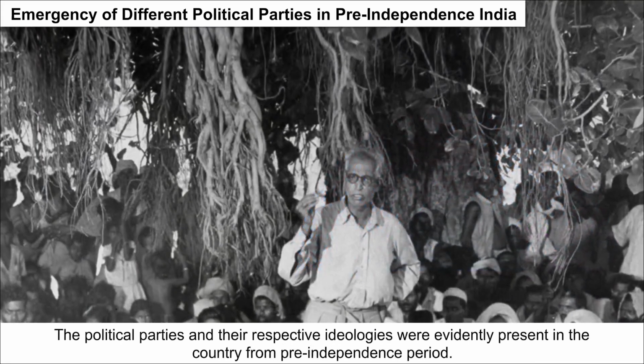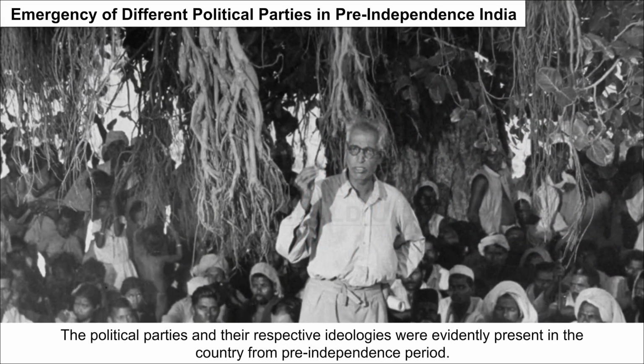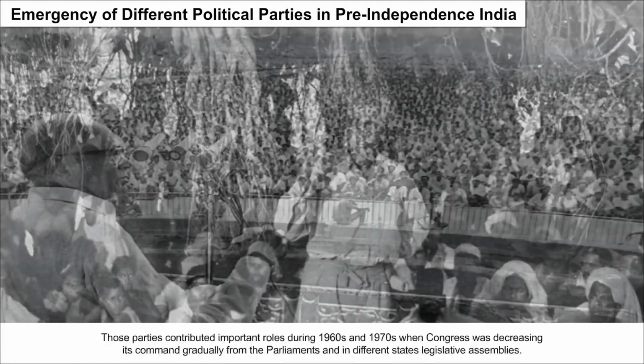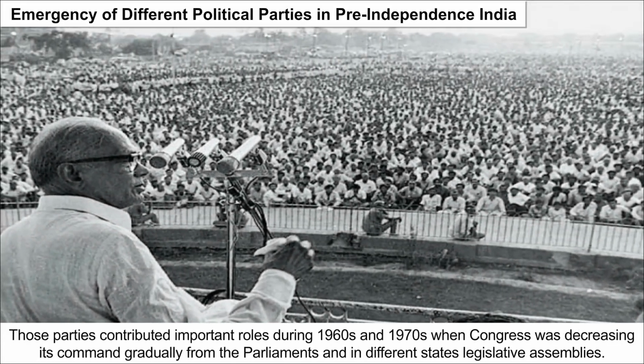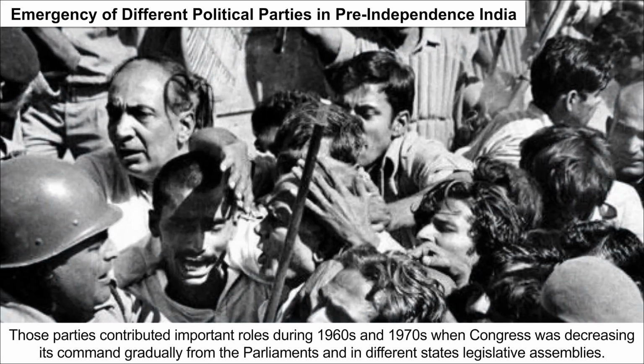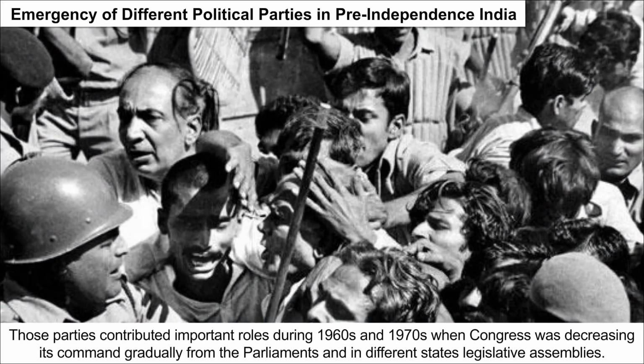The political parties and their respective ideologies were evidently present in the country from the pre-independence period. Those parties played important roles during the 1960s and 70s, when Congress was gradually decreasing its command in the parliament and in different states' legislative assemblies.